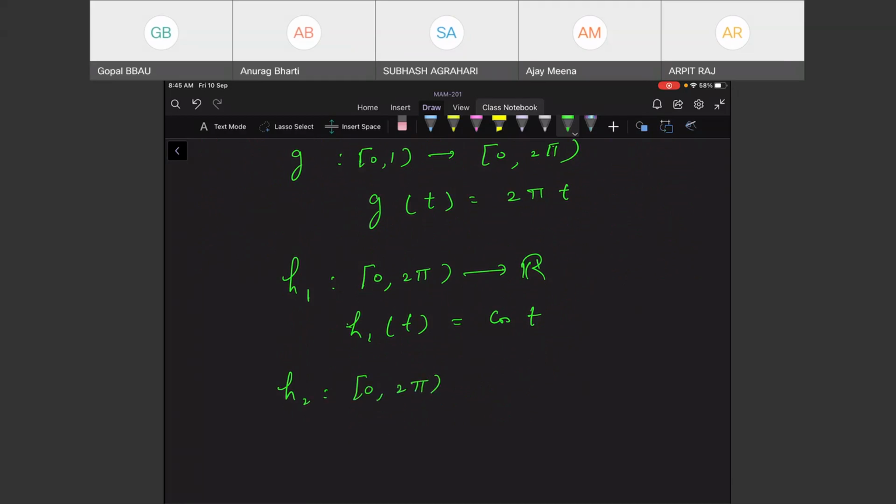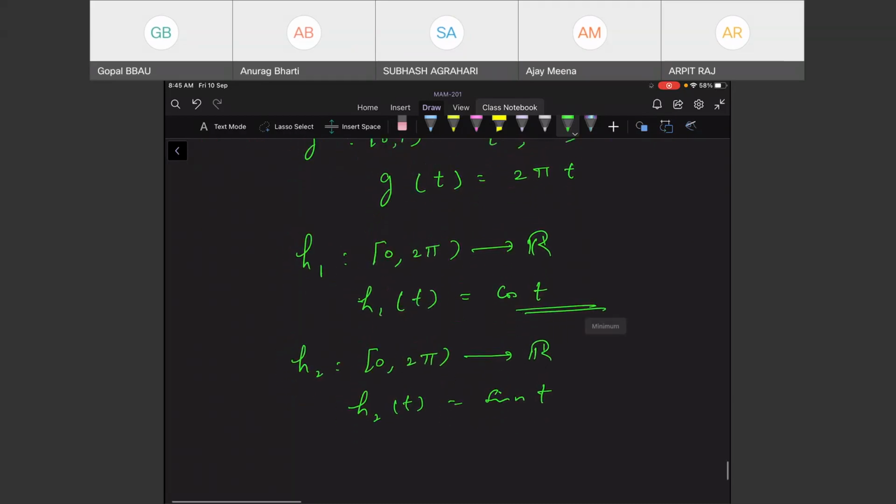From your real analysis course, you know this function is continuous. h2 of t is sin t, which is also continuous.